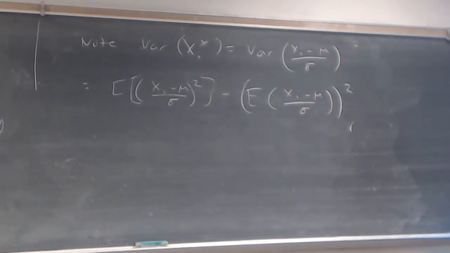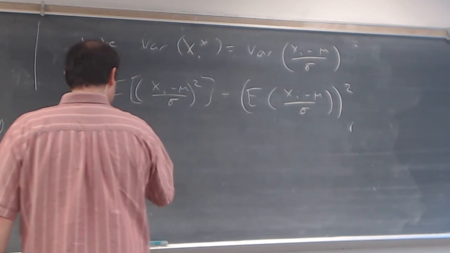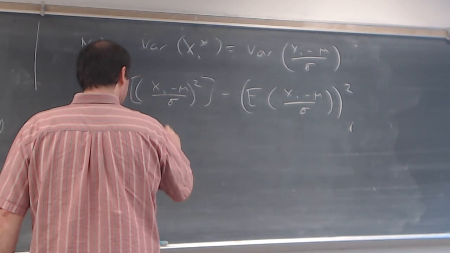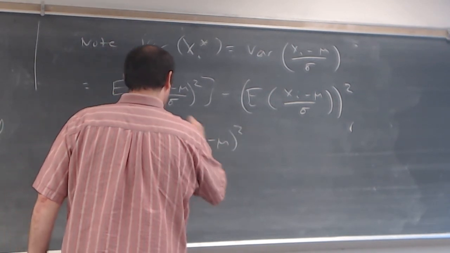This second part we know to be equal to 0, we just calculated it, and so this is equal to 1 over sigma squared, when I square it and pull it outside of the expected value, times the expected value of x sub i minus mu, squared.